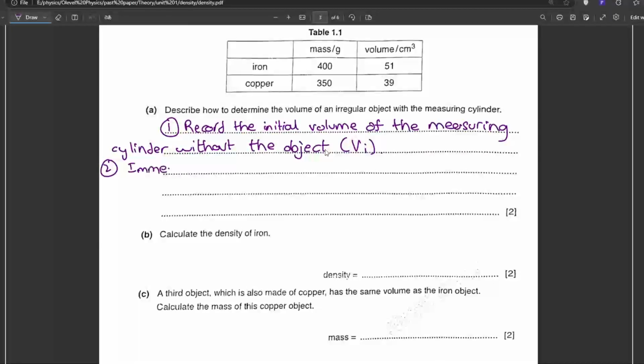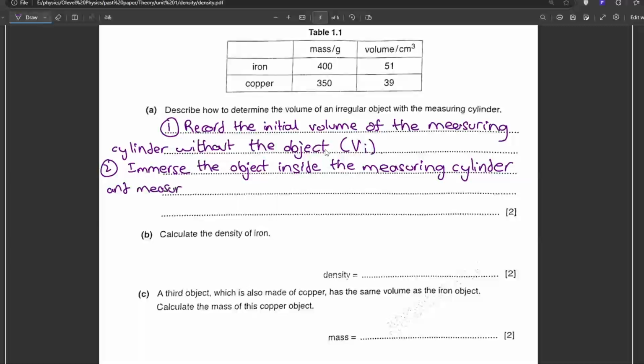Immerse the object inside the measuring cylinder and measure the final volume reading from the measuring cylinder. Let's write it completely.